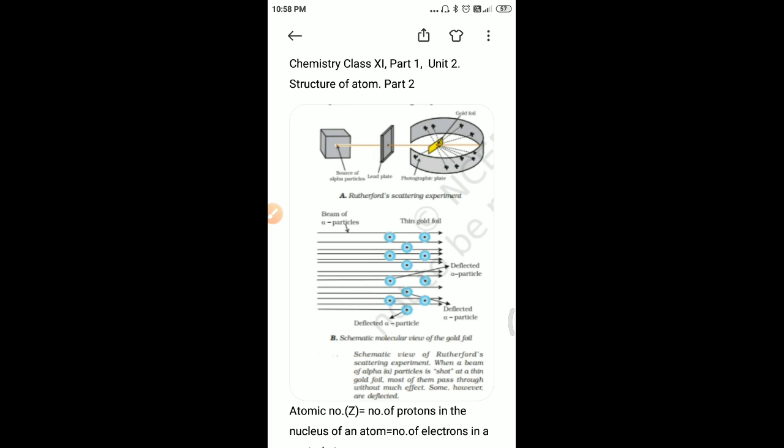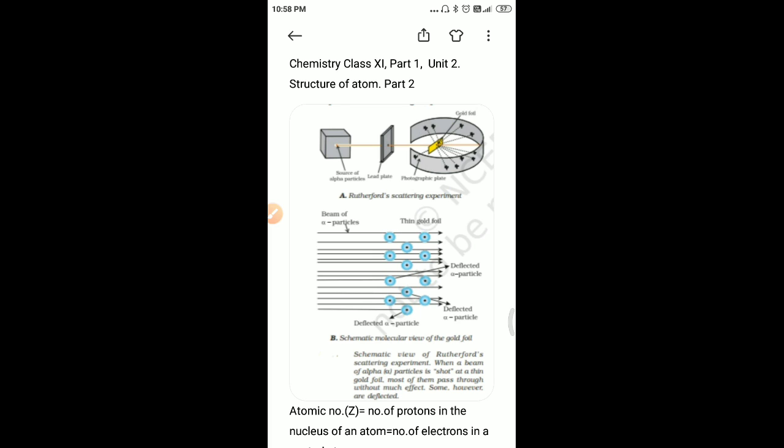The deflection must be due to an enormous repulsive force, showing that the positive charge of the atom is not spread throughout the atom as Thomson had presumed. The positive charge has to be concentrated in a very small volume that repelled and deflected the positively charged alpha particles.